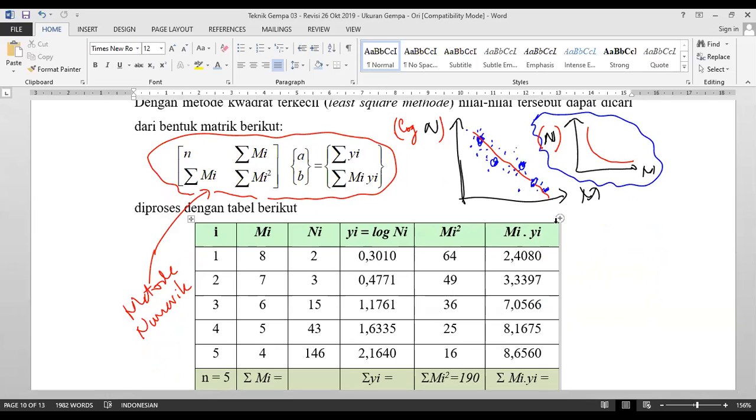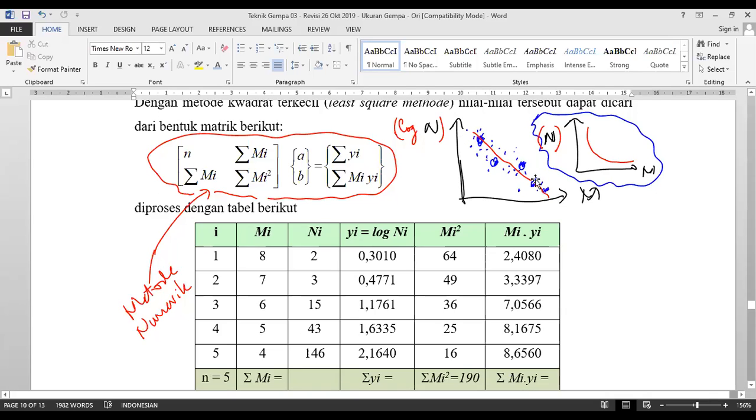There is a curve that looks like that here. But if you make it using a semi-log graph, the magnitude on the axis is normal, but the ordinate uses a logarithmic scale.